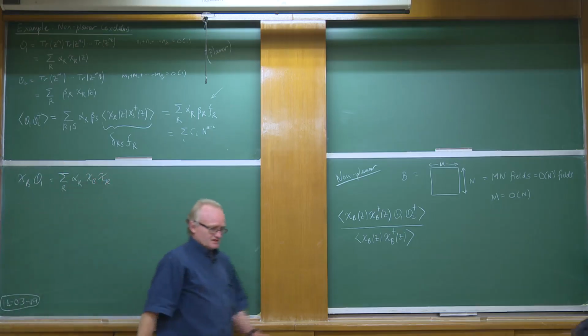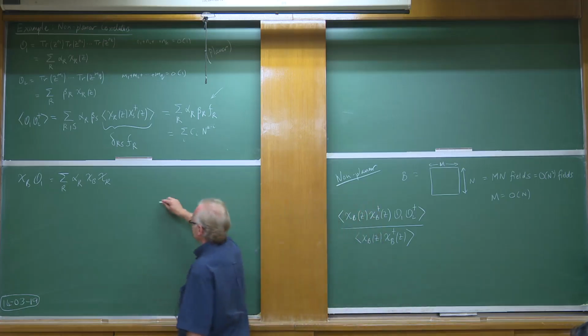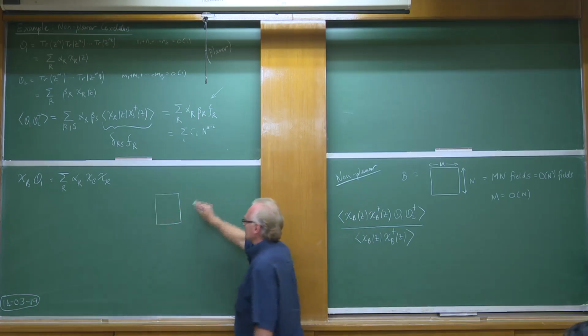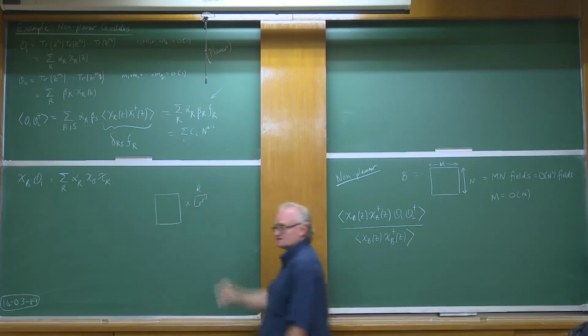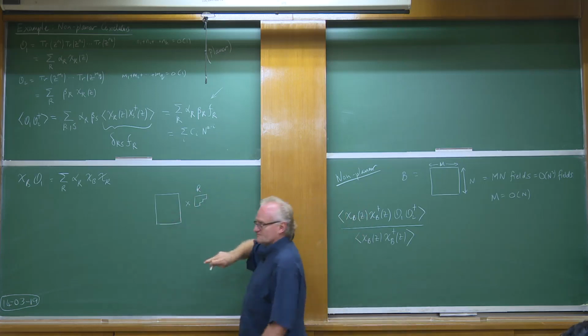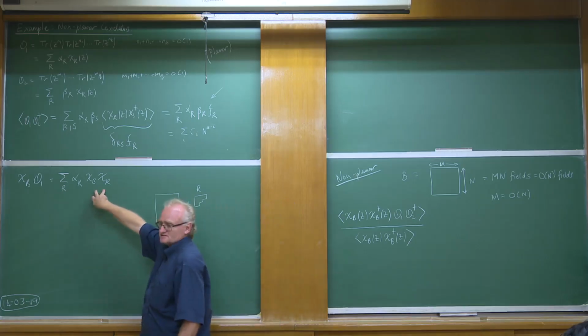Now, I picked my B very carefully, and what's special about this B, because it has a total of n rows, is that if I take the tensor product with some other representation R, whatever it is, the tensor product of the representations, the character of that is this character sitting here.